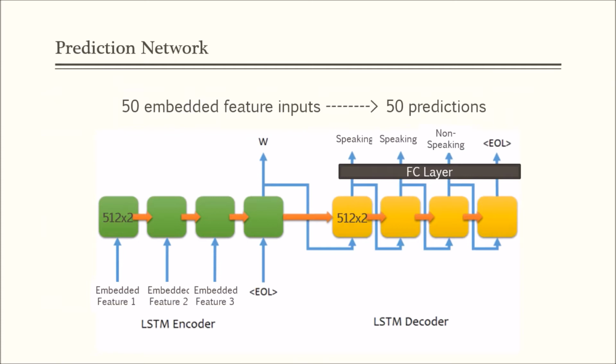The encoder and decoder are based on a long short-term memory network with 522 units, while the decoder is followed by a two-dimensional fully connected layer and a softmax layer. The decoder produces a sequence of prediction probabilities after receiving the state vector of the encoder conditioned on 50 embedded feature inputs.